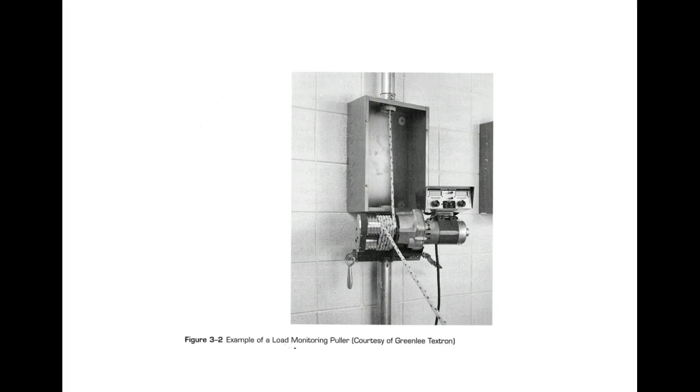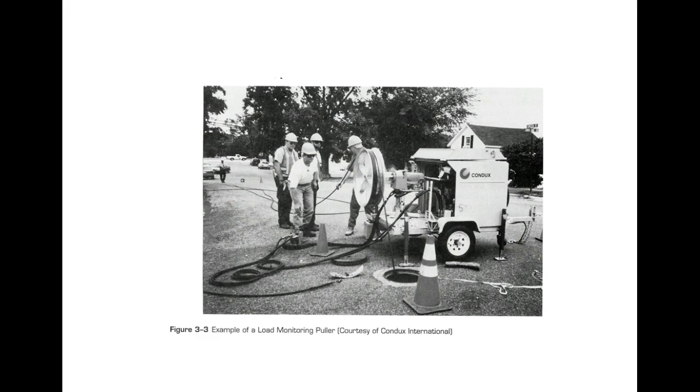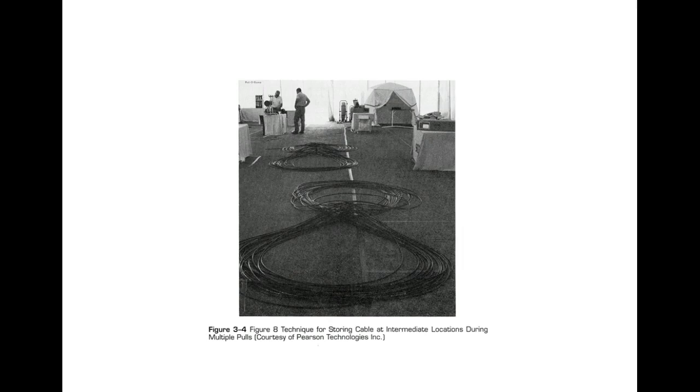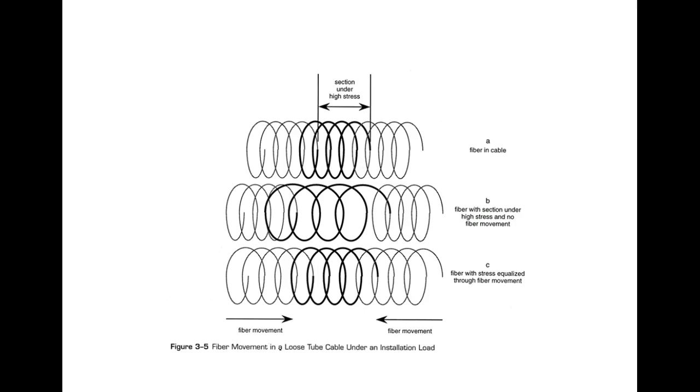So we have a power puller, which we looked at before. It is a little different with fiber in that when we lay this stuff out to be pulled, you notice what they show here is they usually lay it on the ground in a big figure eight, because we don't want this to get cramped. We pull it off the reels and lay it out like that. Fiber movement in a loose tube.